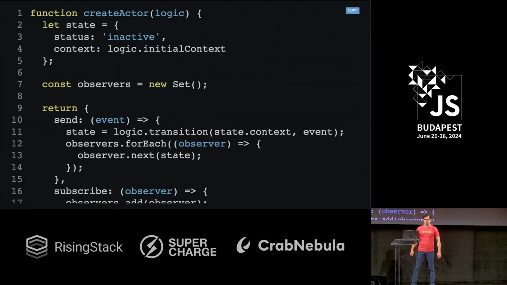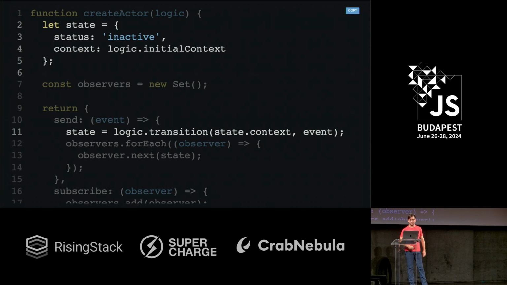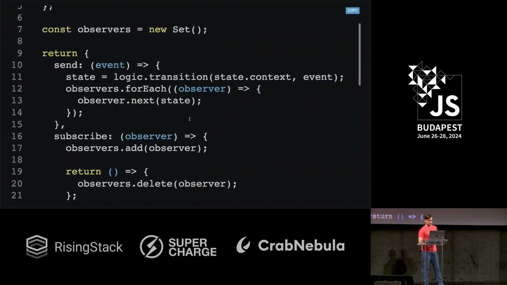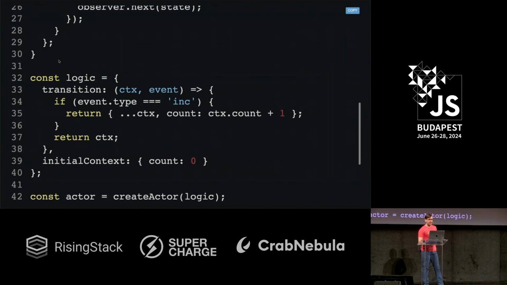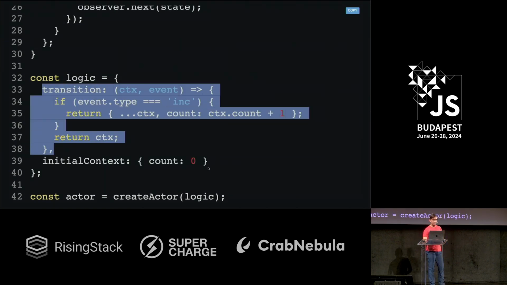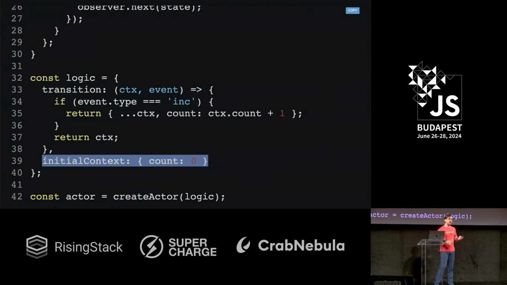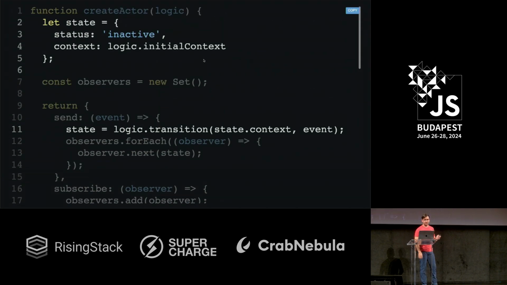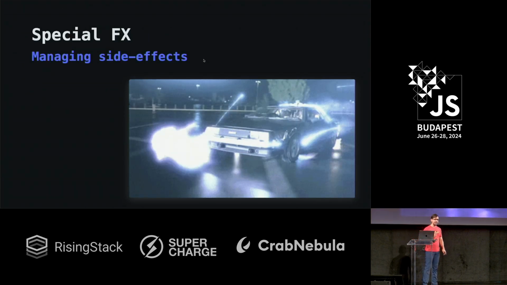Of course, things get more complicated because we have to have custom logic, and we could wrap all of that logic inside of this logic object over here. Let's see if I can scroll down to it. You see that logic, we have our transition function, and we have an initial context, so this would be our initial state. We could say, hey, the initial state of this should be count of 0. So again, it's getting a little bit complicated.